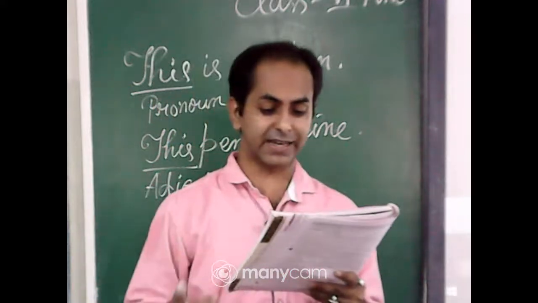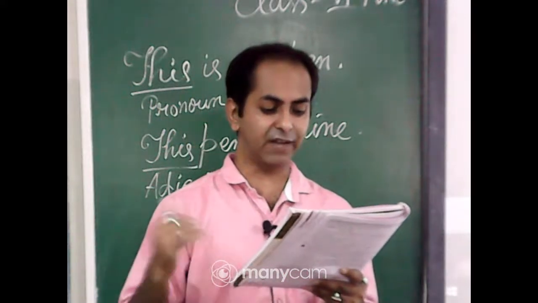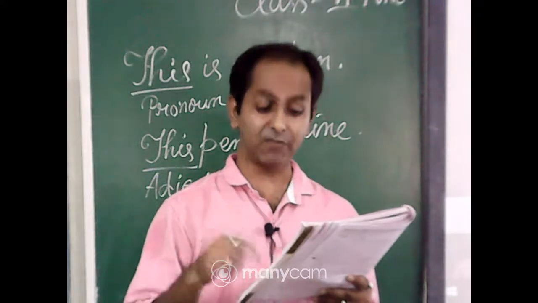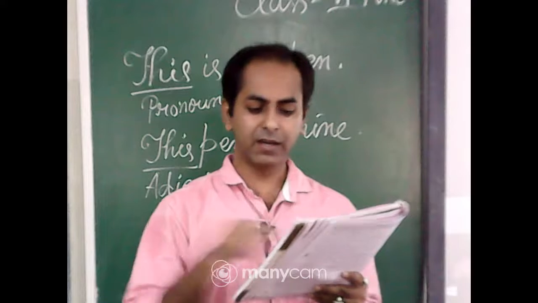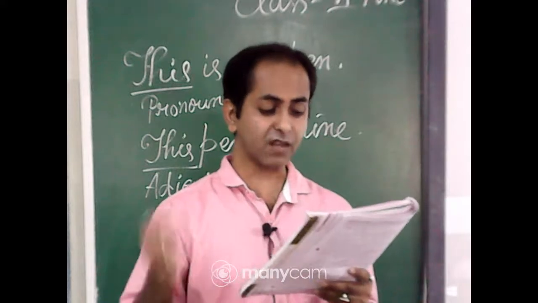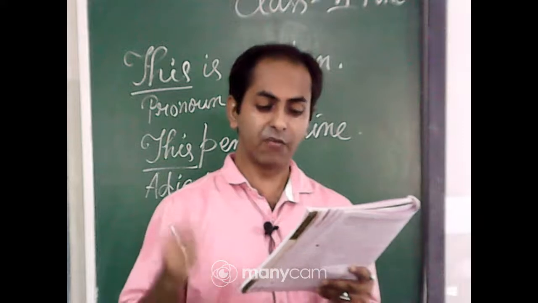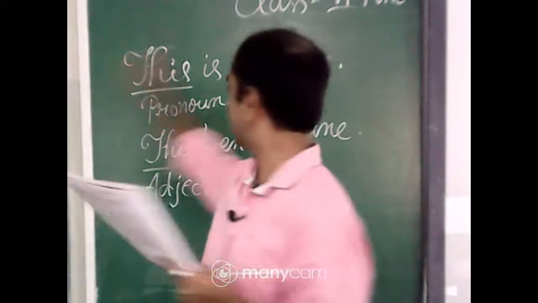So, in all these cases, what you can see is that what and which can also be used as interrogative adjectives. Now, you will get your answer. What and which can also be used as interrogative adjectives when they are placed before nouns.